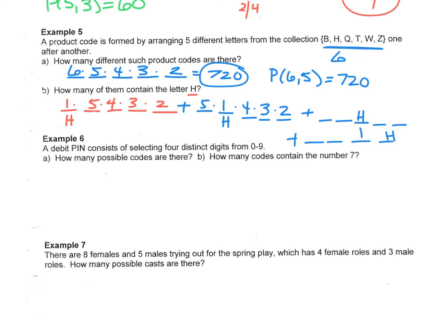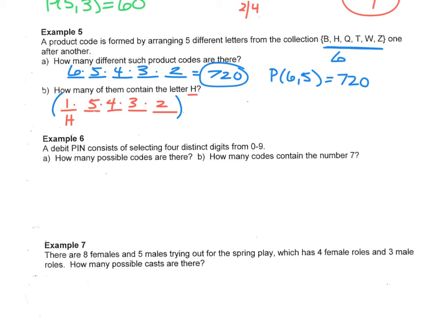My point here is that you see the numbers are just going to shuffle. It's the same numbers over and over and over. So rather than doing that, I'm just going to say, okay, well, I have 5 different places that H could wind up with the same numbers. So I'm just going to take that total and multiply it by 5, which is the same as adding it up 5 times. And your answer here would be 600. Lots of them contain the letter H.